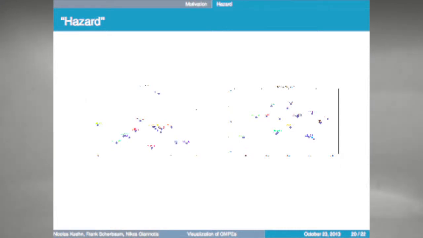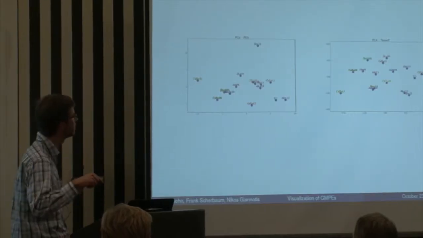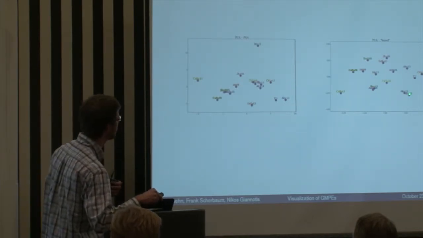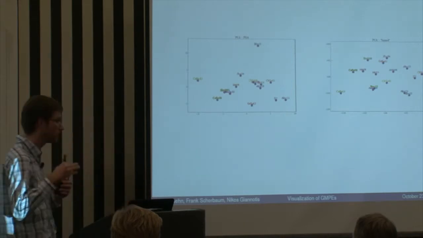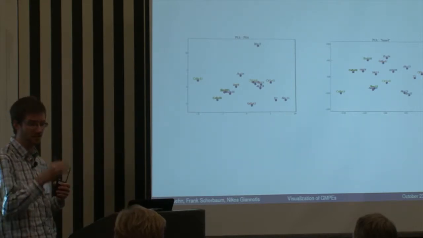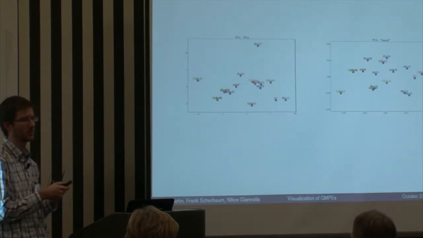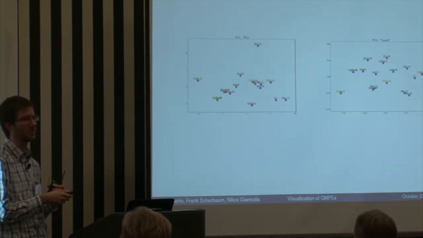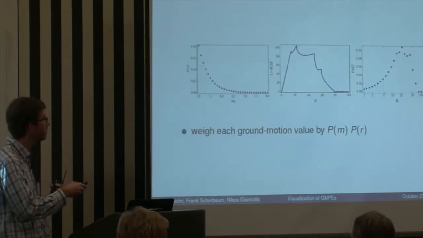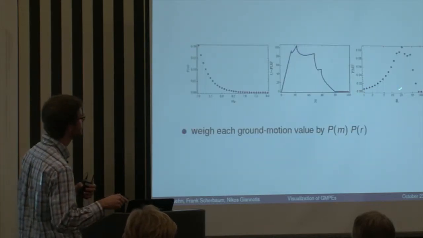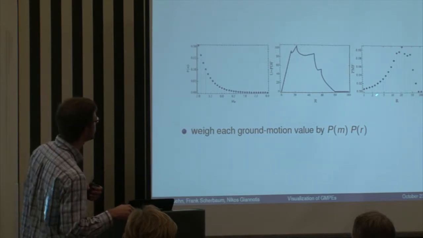For example, the Bindi model is now somewhere down there. The reason is that we're taking out large magnitudes and emphasizing the smaller magnitudes. So right now we're emphasizing small magnitudes and distances between 10 and 30 kilometers.